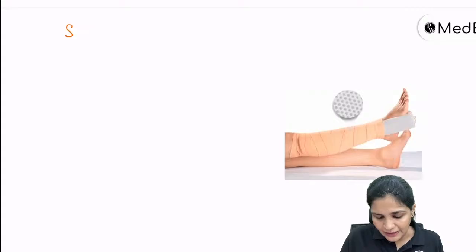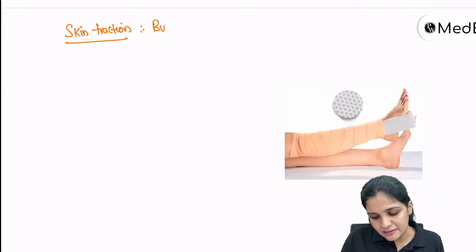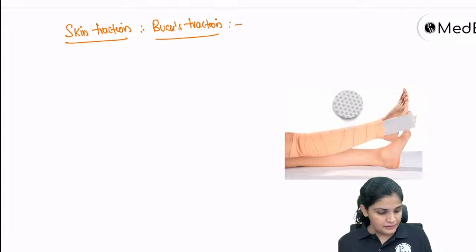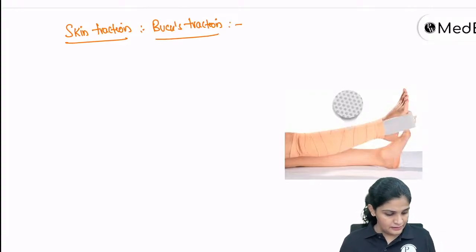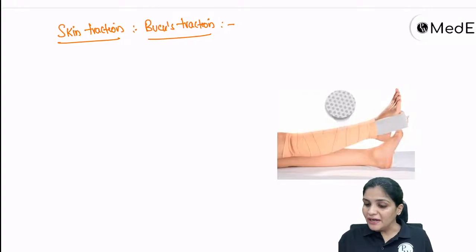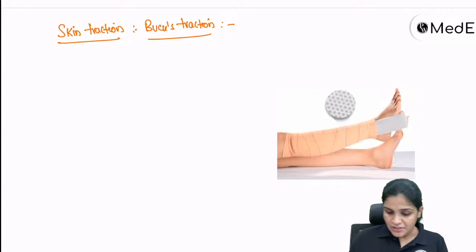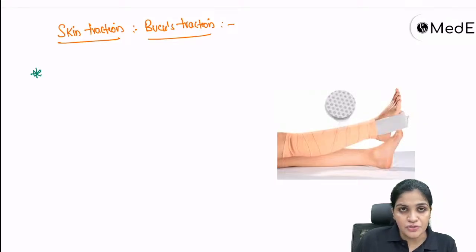So this is called the skin traction, or the other name given is Buck's traction, right? So this is a skin traction or the Buck's traction. So where do we actually use this? This is mainly used for your hip fractures, right?